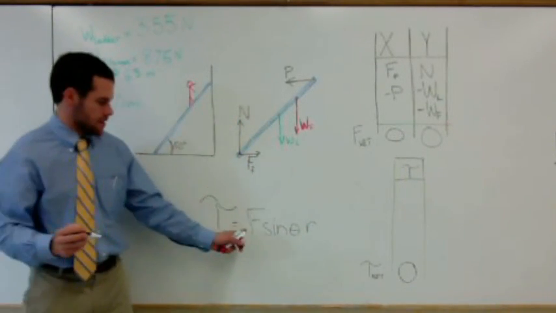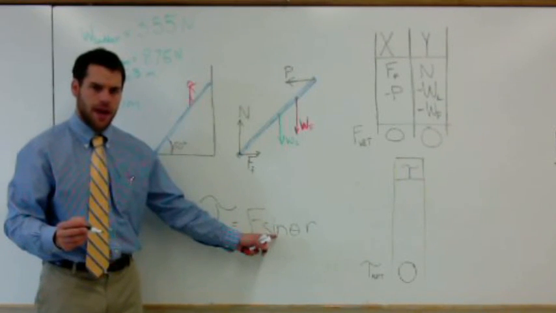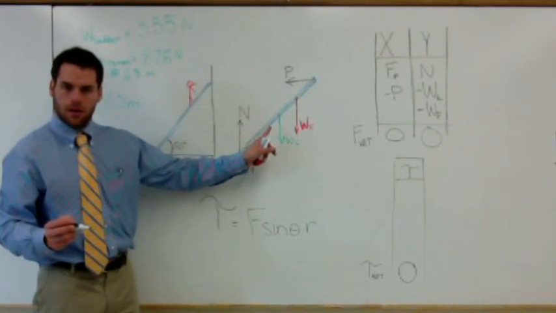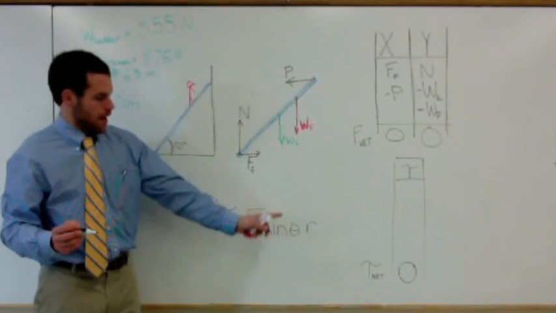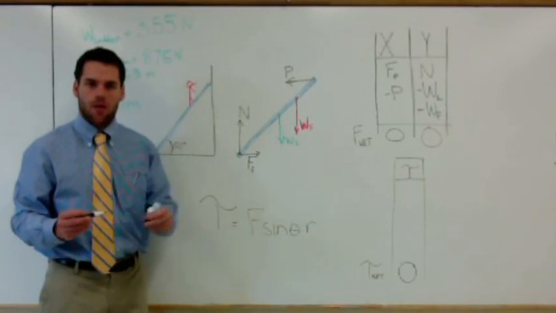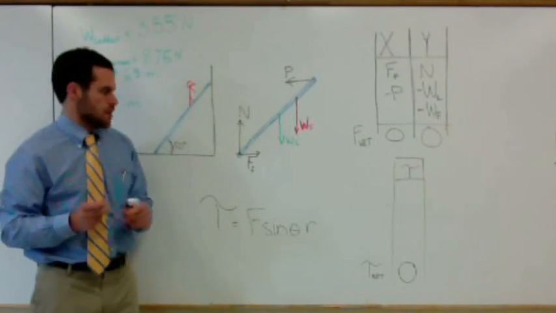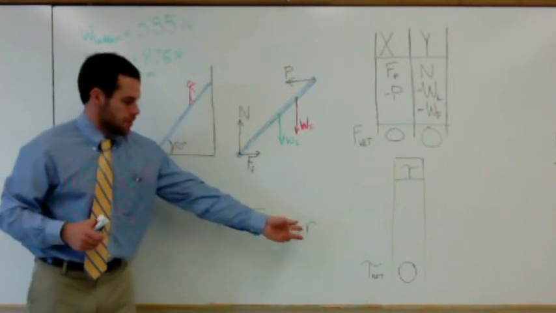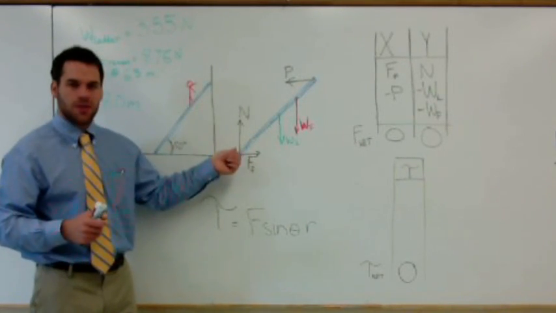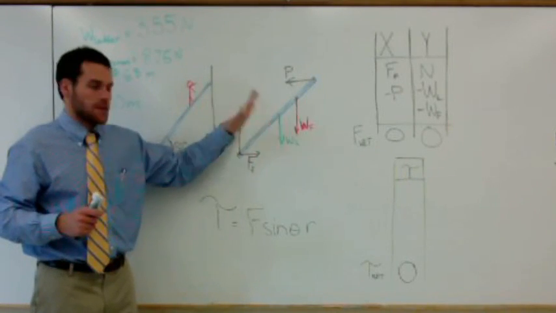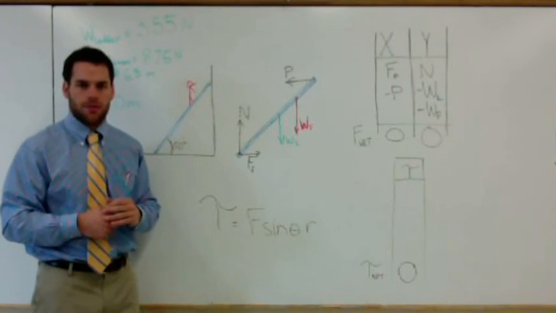Torque depends on the force and the angle that it acts on the radial arm, and then how far down the arm it actually is. So in this case, R is 0, so both of these are not going to apply torques on this ladder. So I don't need to worry about them.